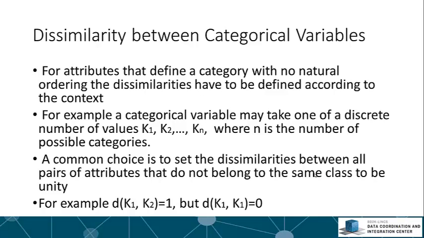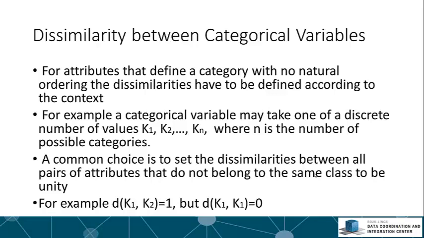But then this doesn't help us with categorical variables. Now, a categorical variable is something that has no natural ordering, and it's a variable that might describe, for example, a subtype of breast cancer or a certain level of patient stratification.